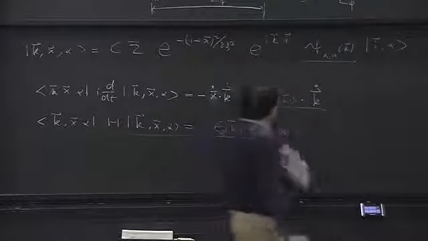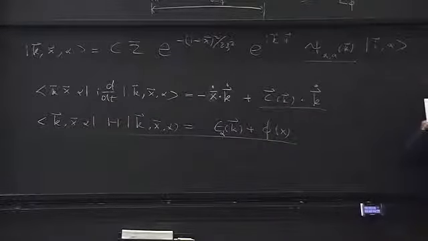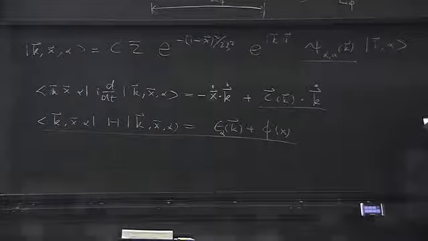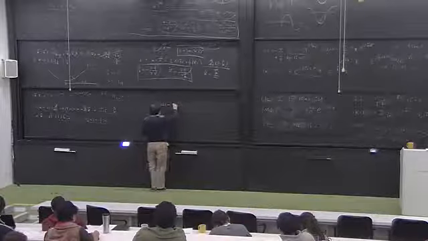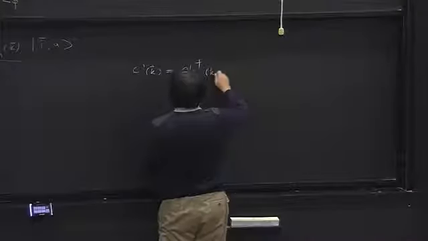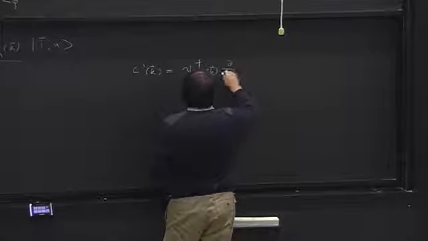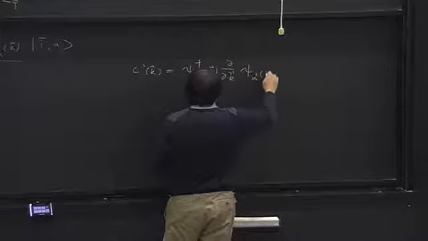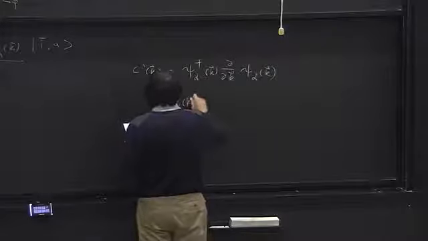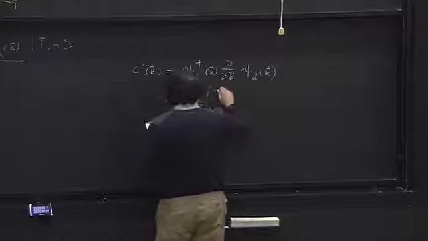What is ck? Let me just give an expression, then I explain it. ck is a function of k. It's given by psi alpha dagger k partial k psi alpha k. So here this psi alpha k is really a column vector.